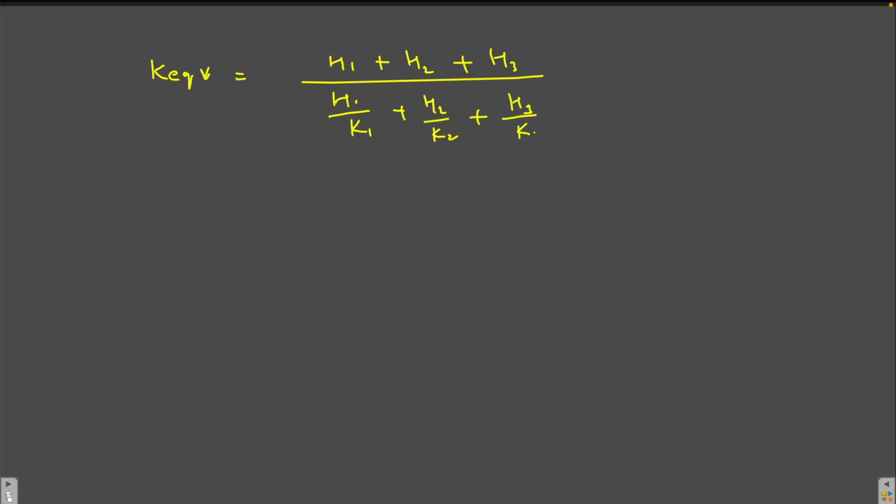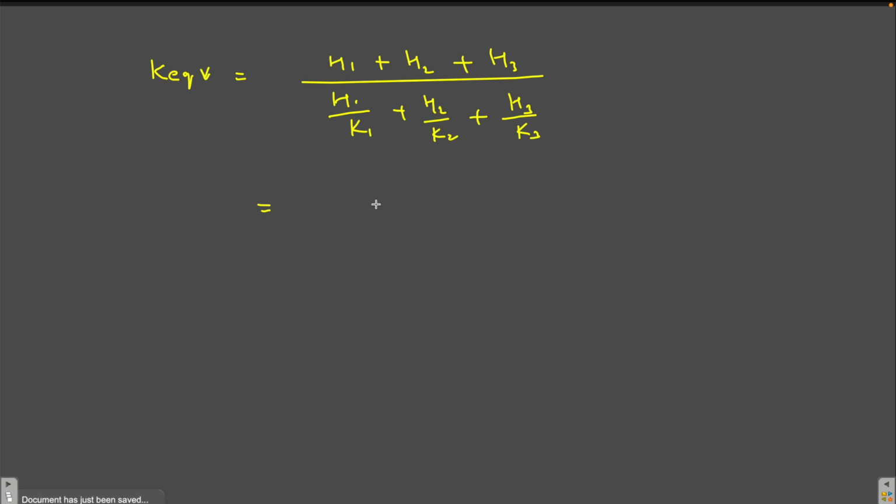So for K equivalent for vertical, the formula is H1 plus H2 plus H3, that means all the heights first, then H1 by K1 plus H2 by K2 plus H3 by K3, right? So the same thing we are going to do here.